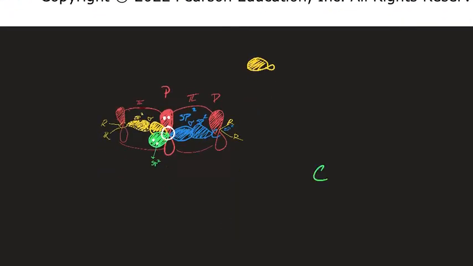If it was sp3 hybridized, just as a refresher here, you'll have that as an sp3 hybridized orbital. You'll have that as a, let me get that out of the way. That as an sp3 hybridized orbital.